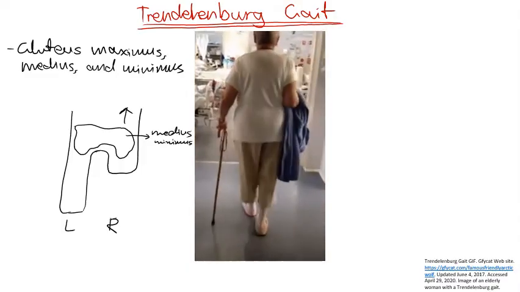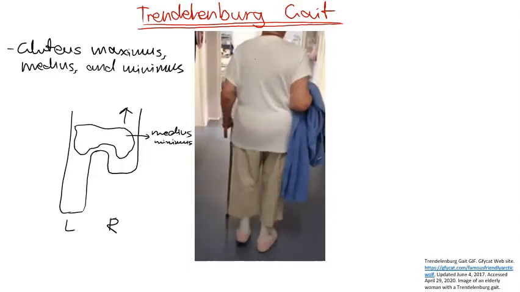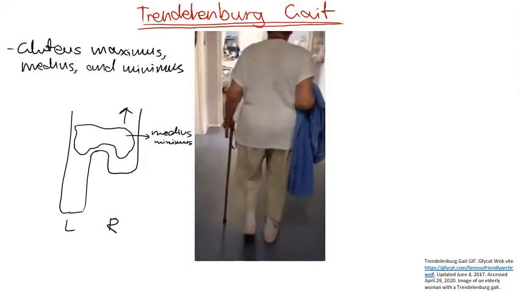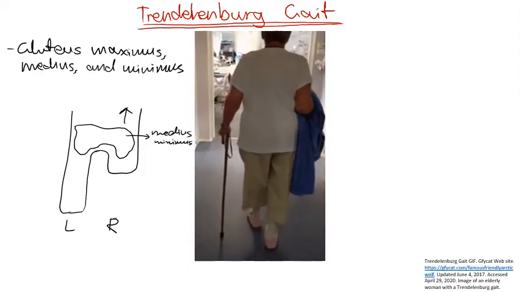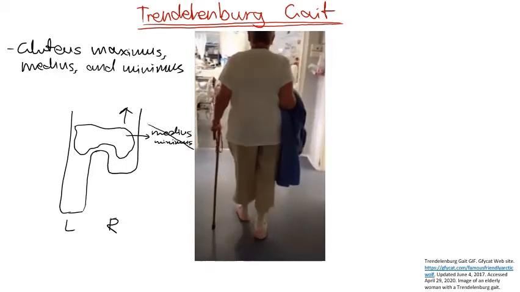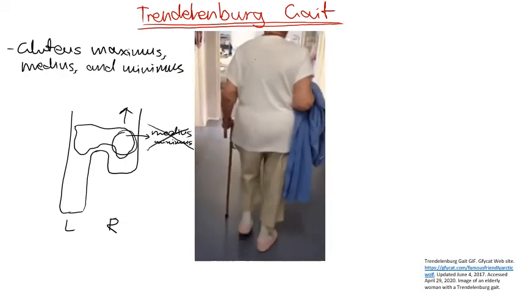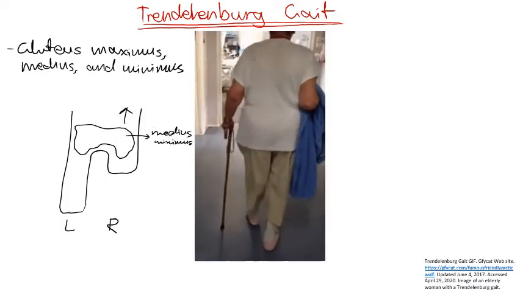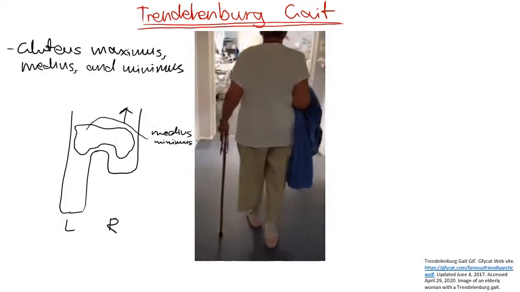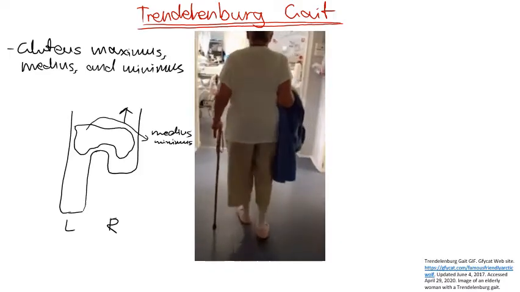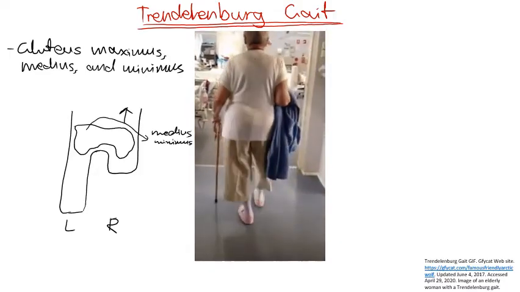Alright, so this diagram can be a little bit confusing, but essentially the principle is that if we lift the right leg and the right side of the pelvis droops, there's not actually weakness in the gluteus medius and minimus muscles on the right side, but rather weakness in these muscles on the left side. That's why I got that diagram a little bit incorrect.